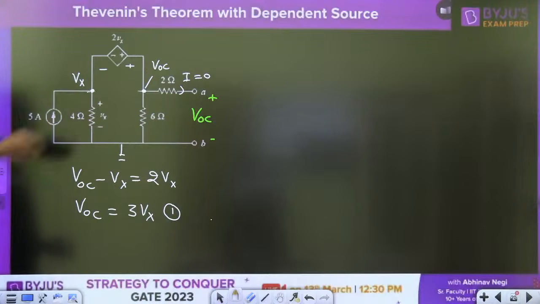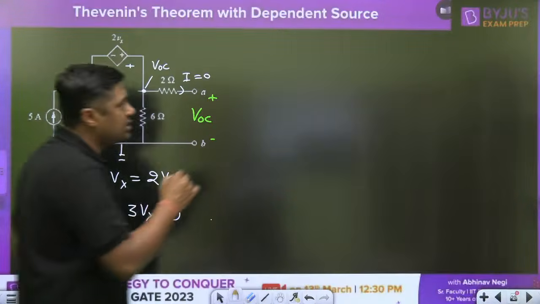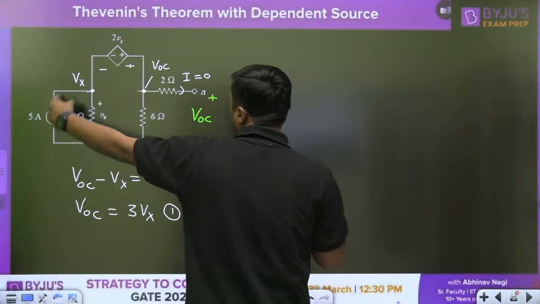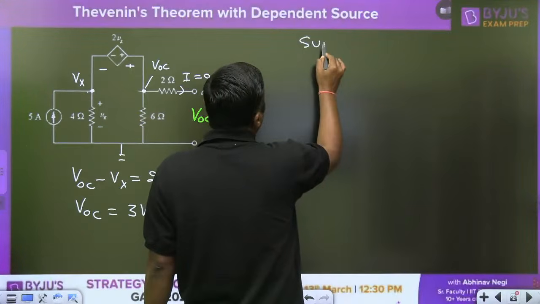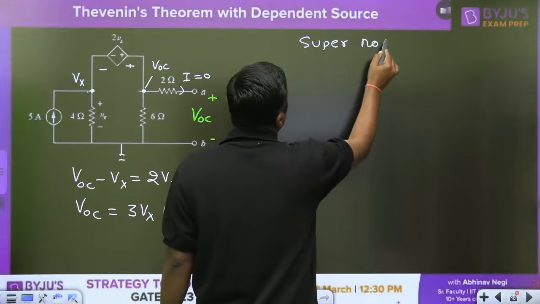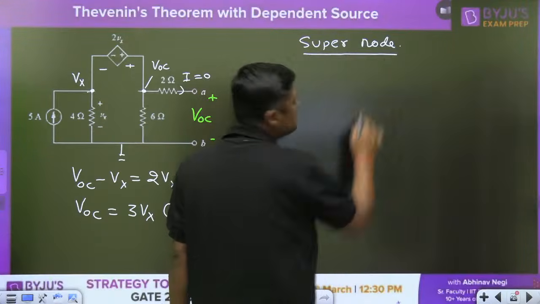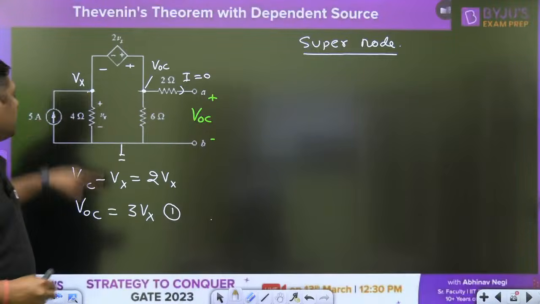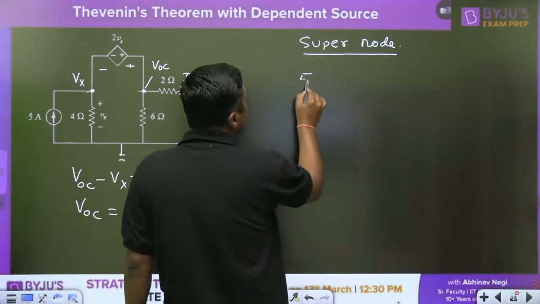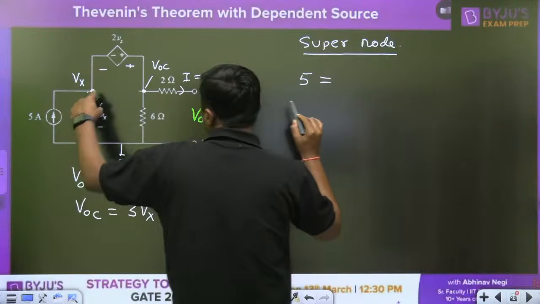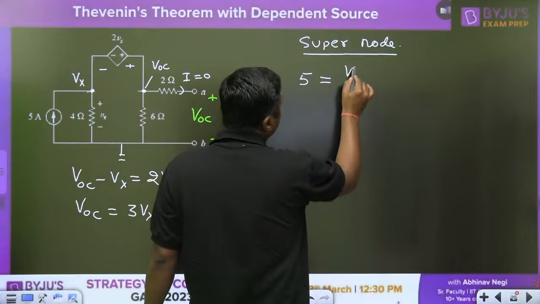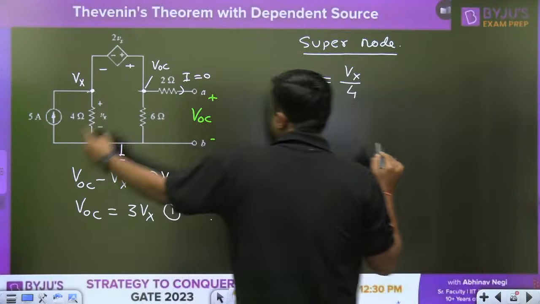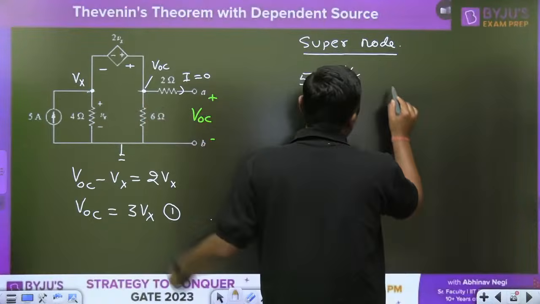Now write down the KCL at this point. When I am writing the nodal equation, what is the incoming current? Consider this super node. The incoming current is 5 ampere, which is equal to the outgoing current: Vx by 4, then jump here, VOC by 6.